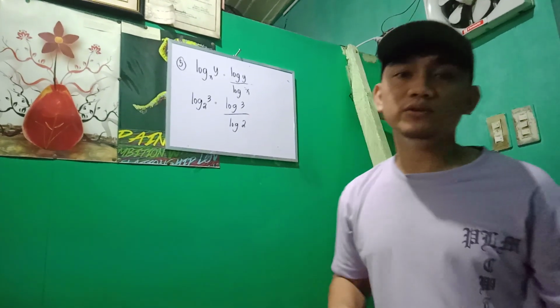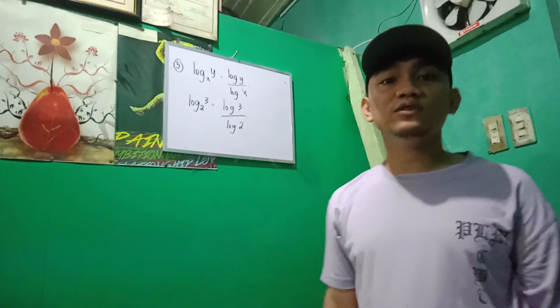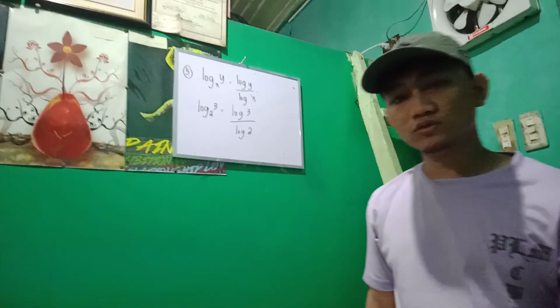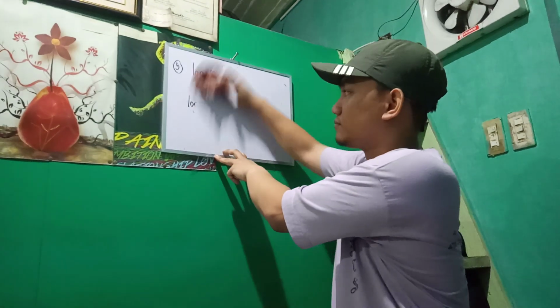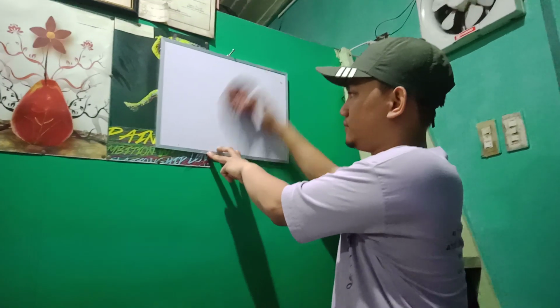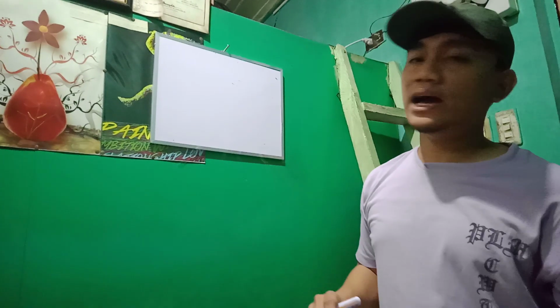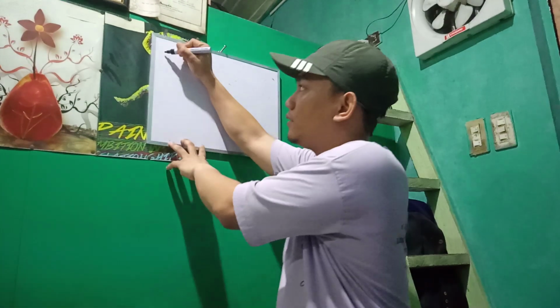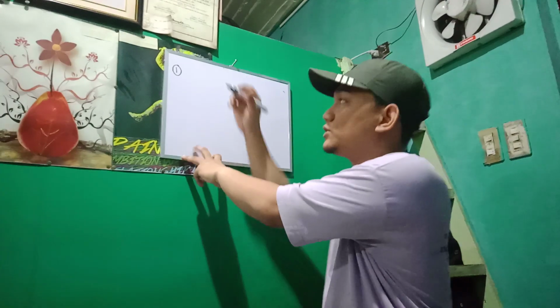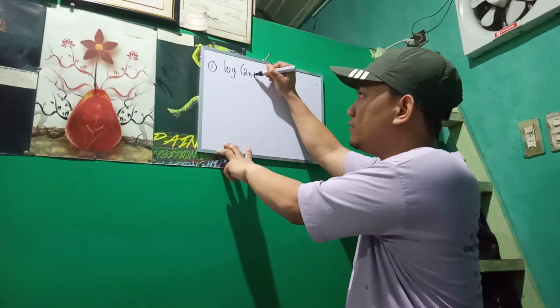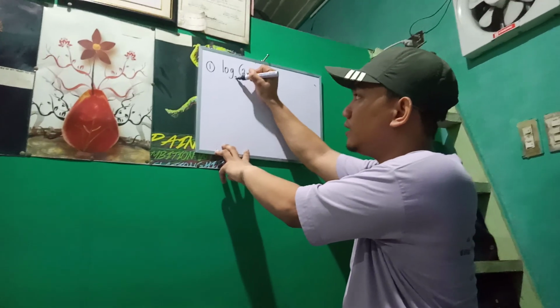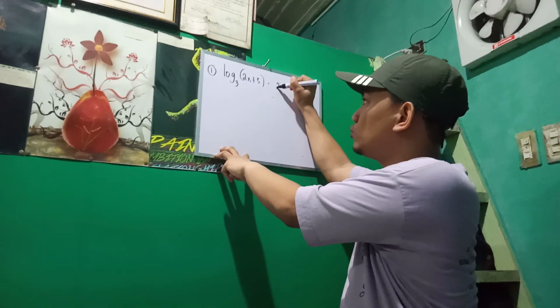So, proceed tayo dun sa paano ba tayo mag-solve ng logarithmic equations. So, try natin mag-solve. So, let's say we have, example, logarithmic equation. Logarithm of 2x plus 5 base 3 is equal to 2.